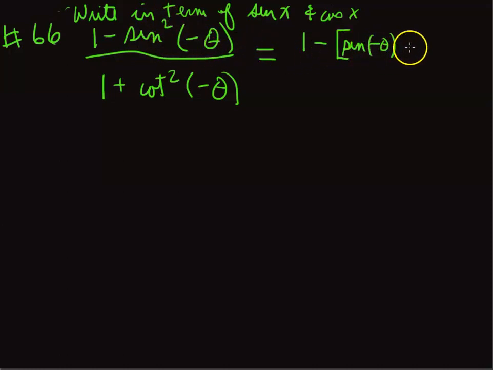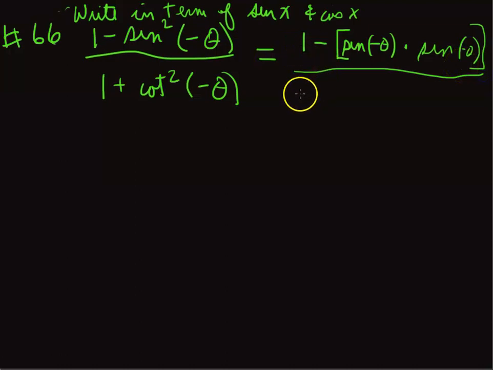sine negative theta times sine negative theta. Over, and you can do the same thing for that, it's 1 plus cotangent negative theta times cotangent negative theta.